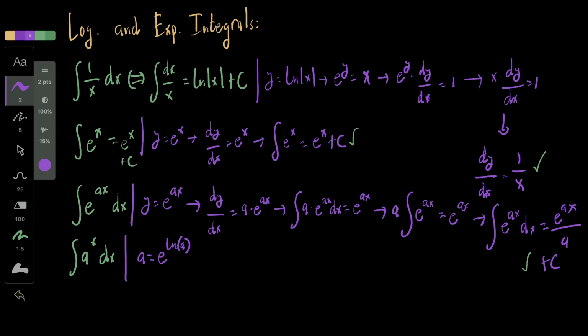Now using this, a to the x becomes e to the power of x times the natural logarithm of a dx.